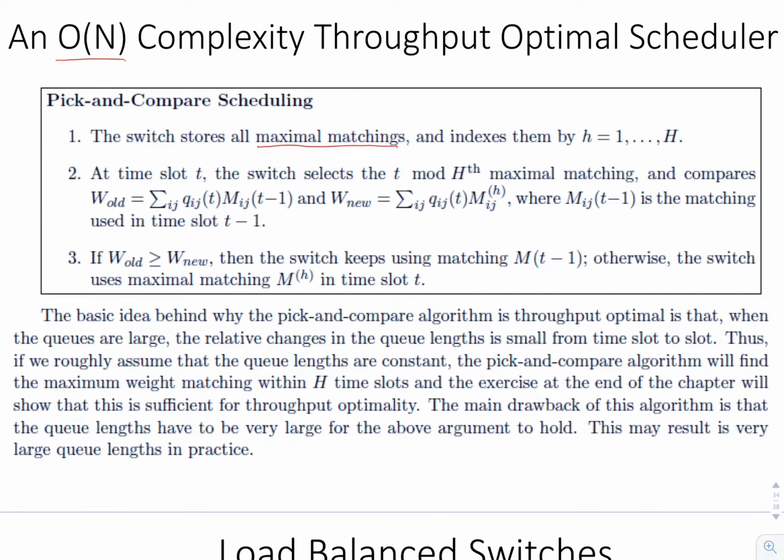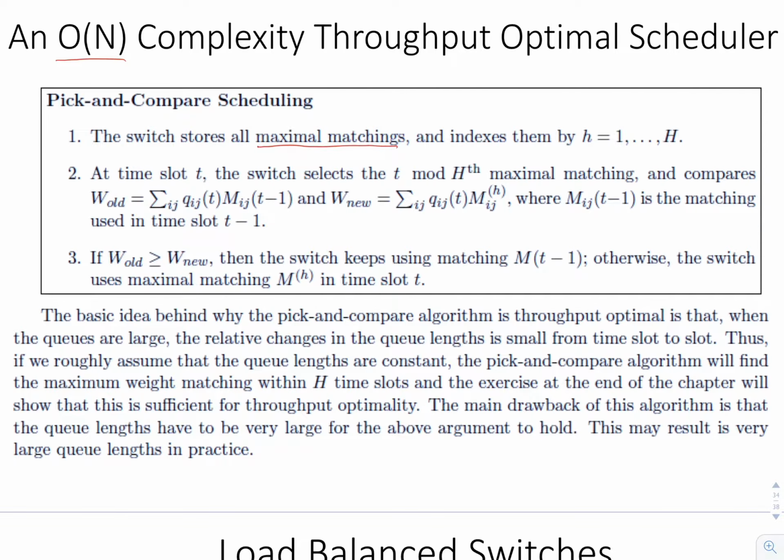So if we have an arrival rate matrix that is inside the capacity region, the load balancing is going to guarantee this even loading at all virtual output queues.